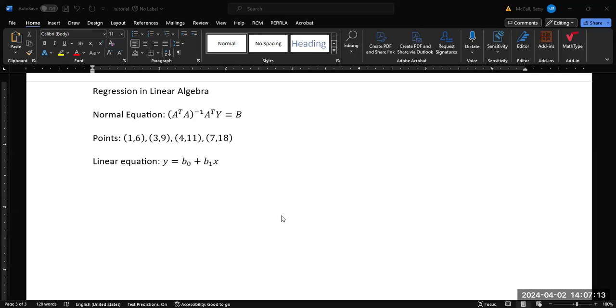There is a calculus way of deriving these equations as well. It's possible I may do that in some other video at some point. But the calculus process and the linear algebra process, very interestingly, give you exactly the same answer. And this process is a little less computationally nasty.